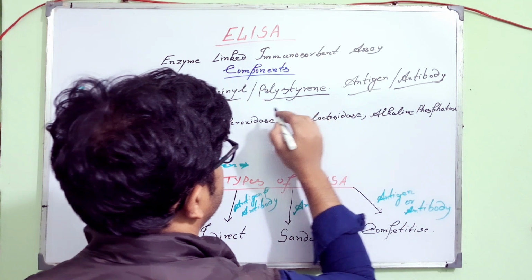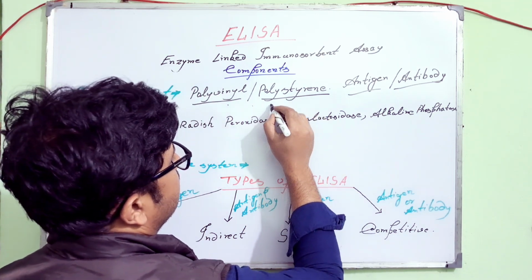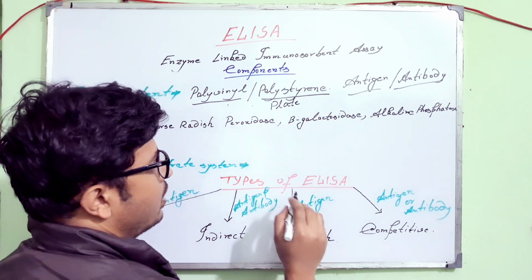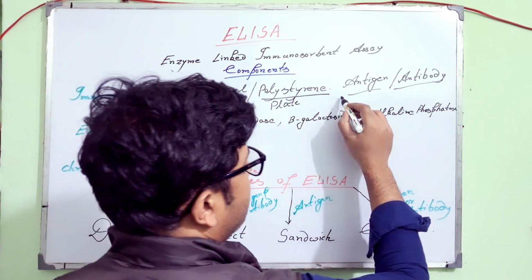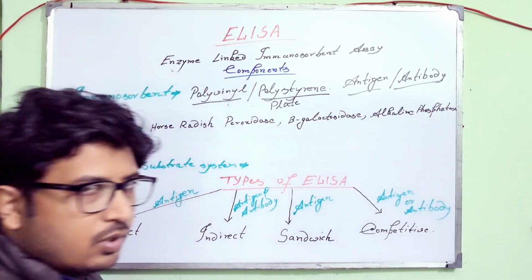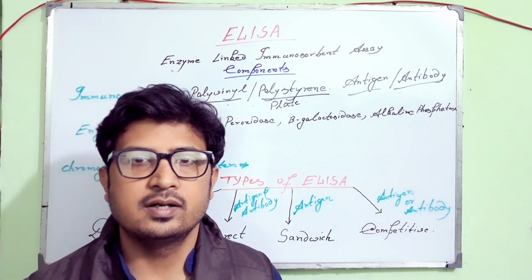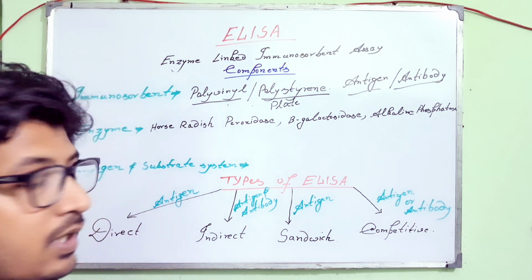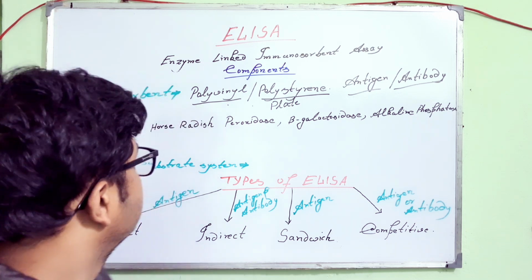So these polyvinyl or polystyrene plates or individual microtiter wells will be absorbing antigen and antibody to give you the desired results depending upon the findings.